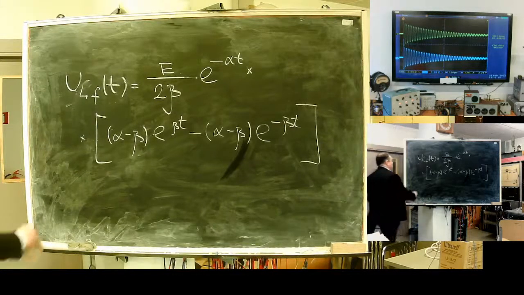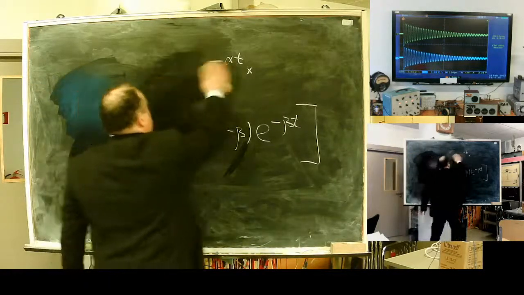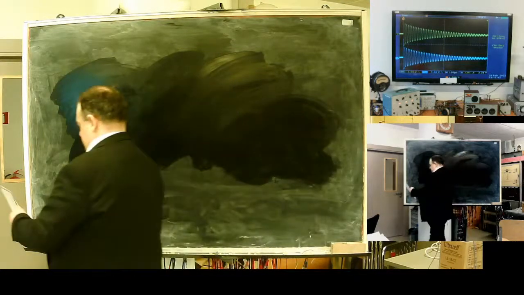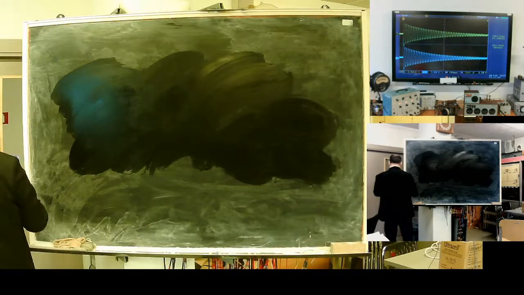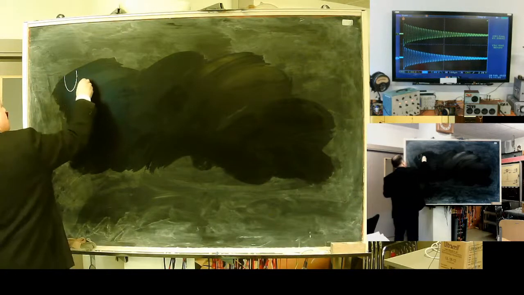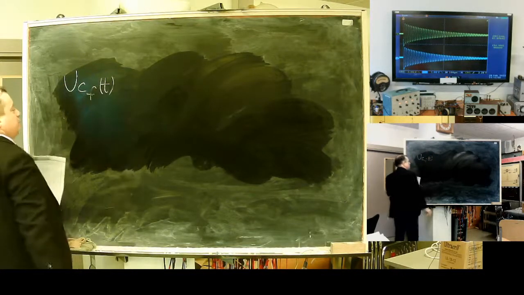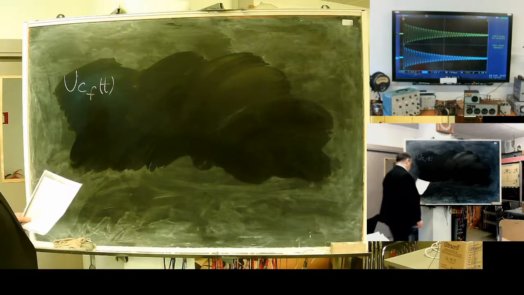The yellow line of the scope is the free component of the capacitor voltage.